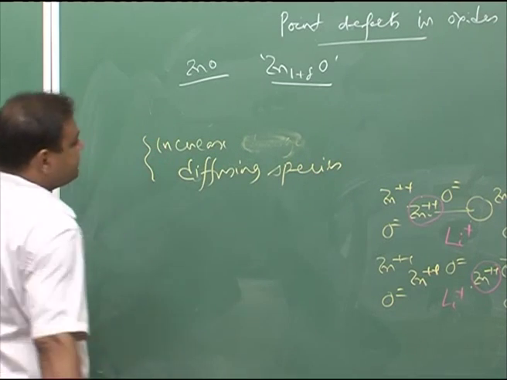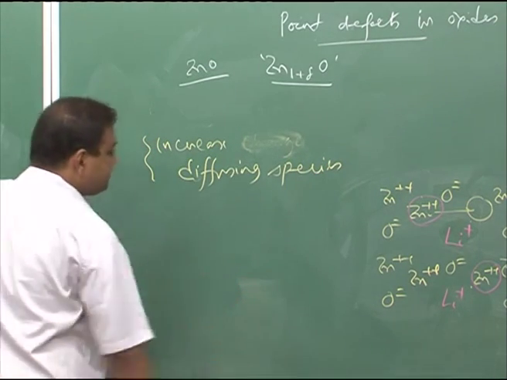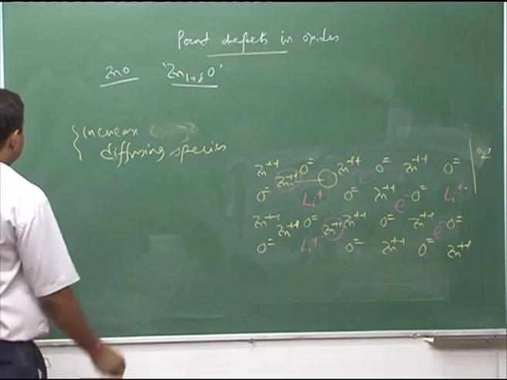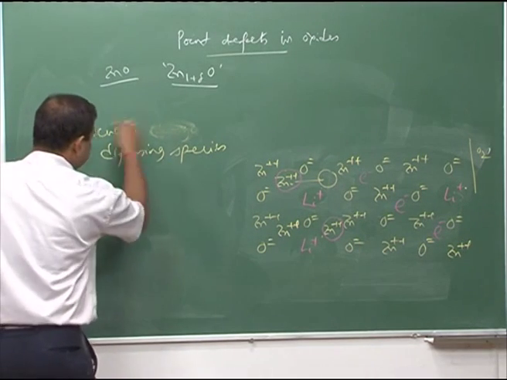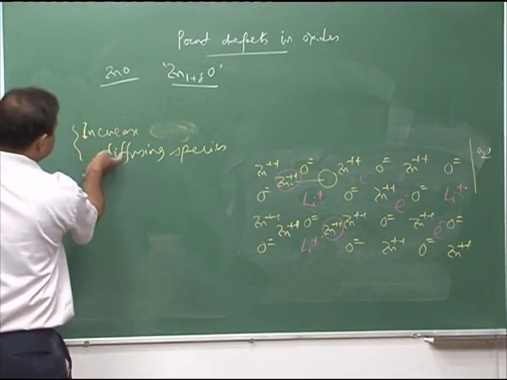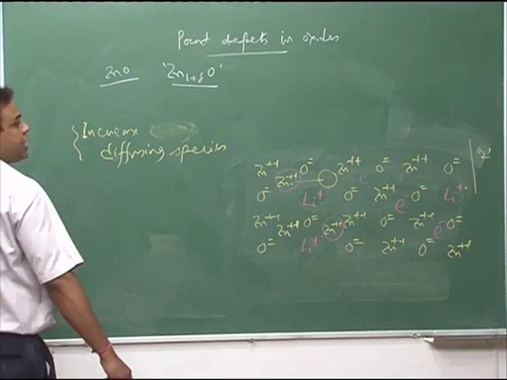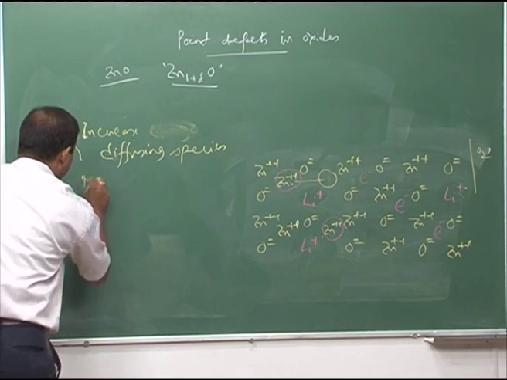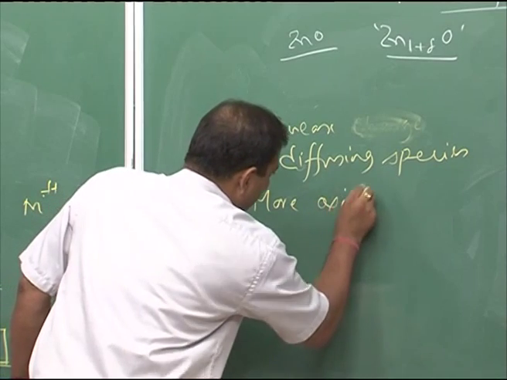So, if we have increased diffusing species, of course there is a decrease in charge carriers, but the diffusion is basically taking place via this interstitial diffusion. So, if we have increased diffusing species, there would be more oxidation.